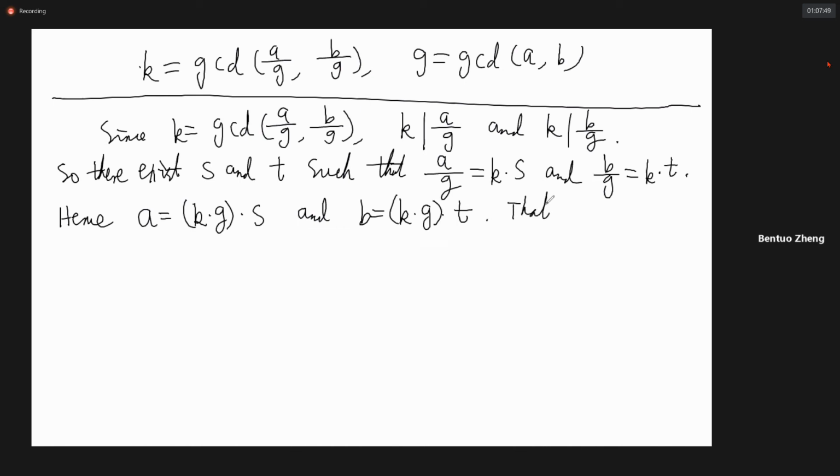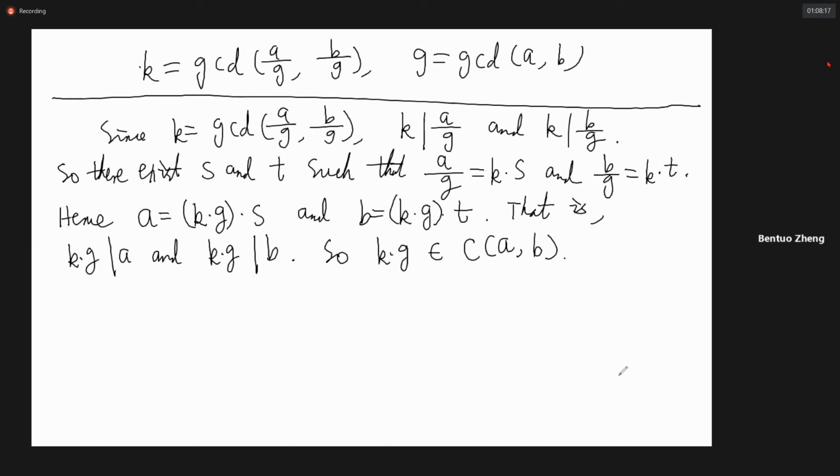So that is, K times G divides A, and K times G divides B. So K times G belongs to the set of common divisors of A and B. Now you can see that if K is strictly greater than 1, then K times G would be greater than G, because G is the greatest common divisor of A and B, which is positive.